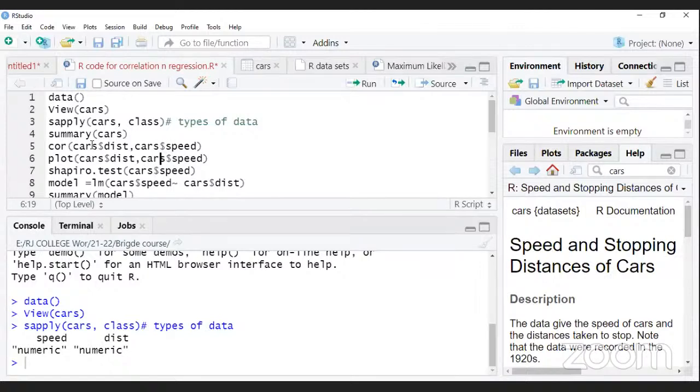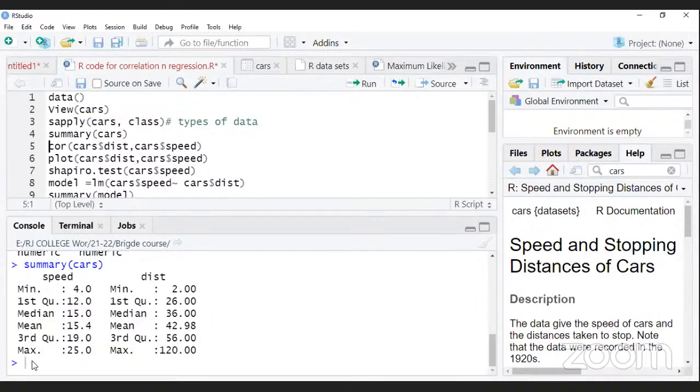This is the command str, to understand more about the data, that means what type of data it is: numeric, string, etc. I wanted to know the summary about my data set. It means a brief introduction to my data set, like what my mean is, what my median is, what my quartiles, maximum are, etc.